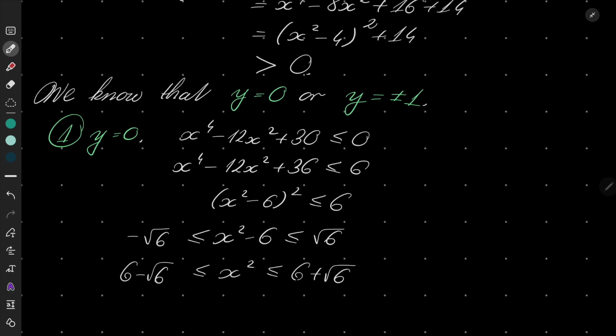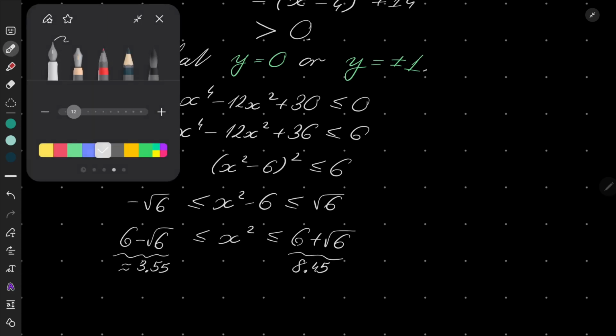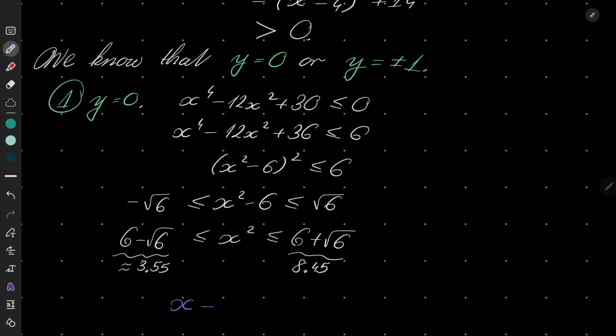And now, because we are dealing with integers, it is pretty easy to verify which integers are between these two numbers, because this number is approximately 3.55 and this number is approximately 8.45. So the only square between these two numbers is 4. So that means that x equals plus minus 2.